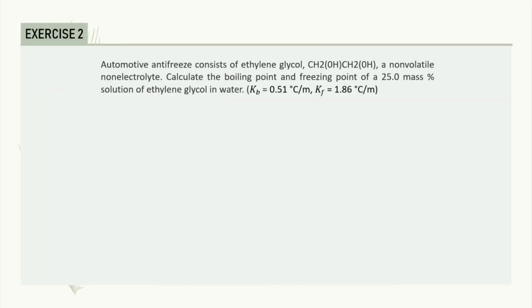Exercise 2. Automotive antifreeze consists of ethylene glycol, a non-volatile non-electrolyte. Calculate the boiling point and freezing point of a 25 mass percent solution of ethylene glycol in water. With the given, capital K subscript B is equal to 0.51 degrees Celsius per mole, and capital K subscript F is equal to 1.86 degrees Celsius per mole.